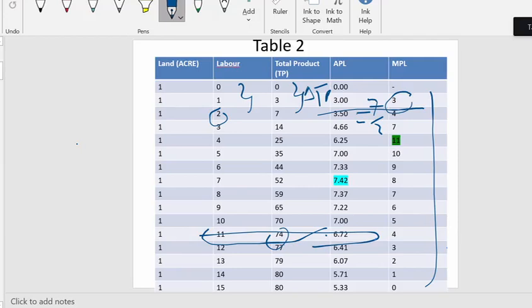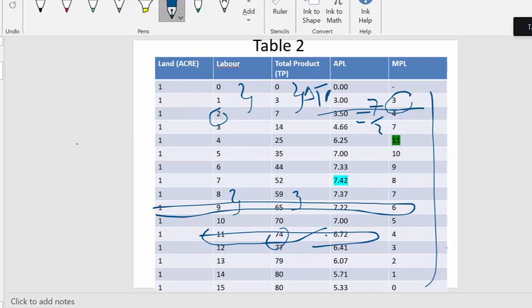Now, if, for example, if you want to get the marginal product here, what should you do here? That means you have to check the changes from here to here, right? From 59, the output from 59 to 65, and from 80 to, you get it.